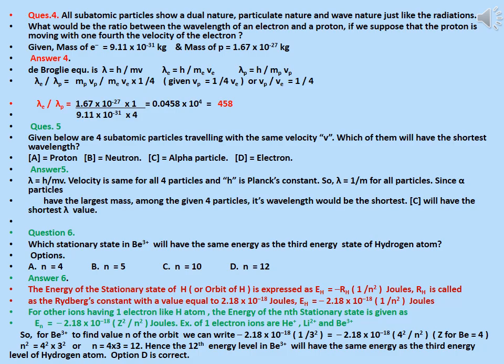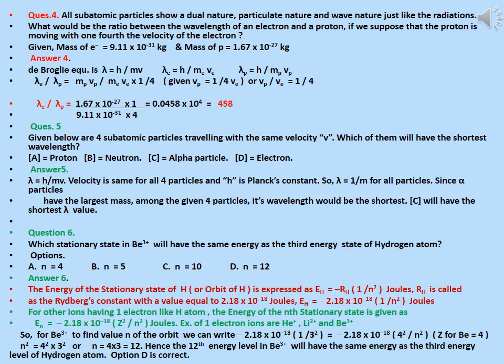Because according to Bohr, if an electron is present in an orbit, its energy will not change. That is the meaning of stationary state. So let's take the question. Which stationary state in Be3 plus, tripositive beryllium ion, will have the same energy as the third energy state of hydrogen atom? Options are given.